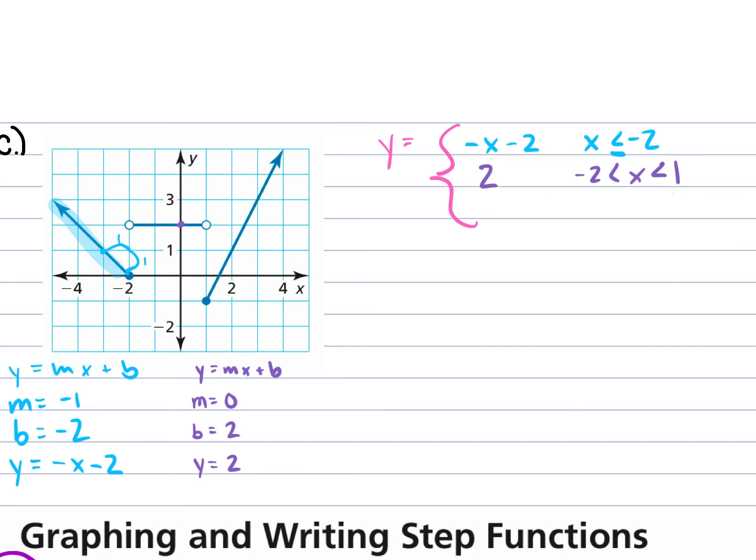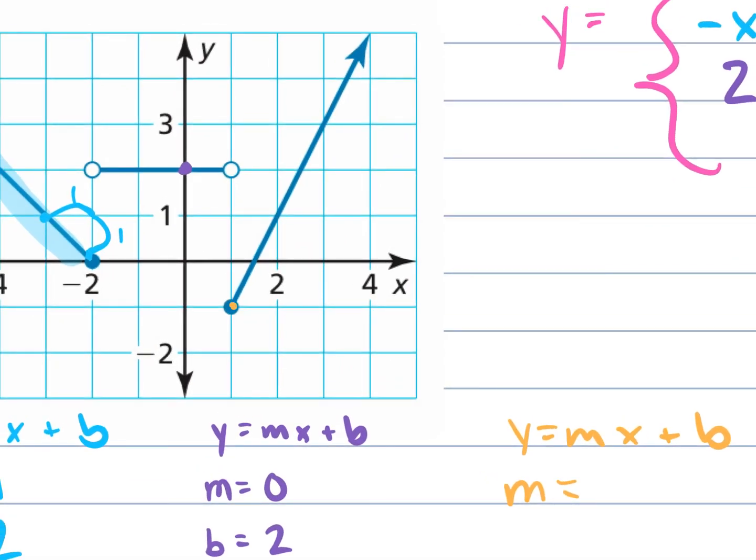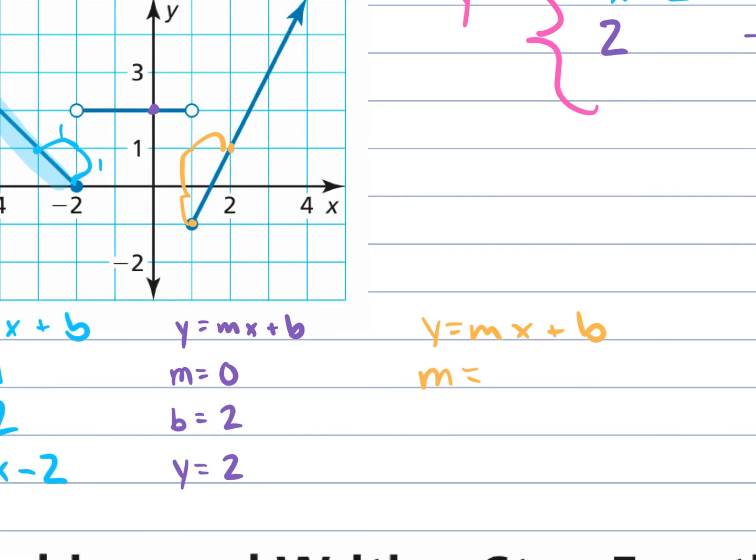Awesome. So let's work on the third piece now. So if y equals mx plus b, what is my slope? Up 2 and 1 to the right. So what would m be? 2 over 1, which simplifies to 2. So my slope is 2. Does my line here that's given to me cross the y-axis?